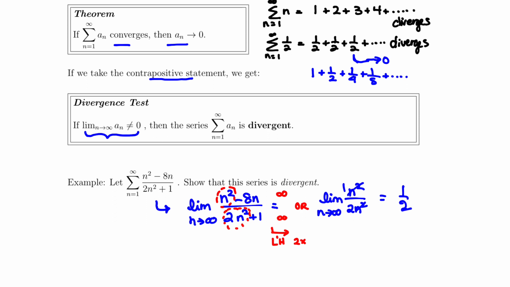That means the numbers you're adding are heading to 1/2. You're heading towards adding 1/2 each time. That's not 0, so that tells me this series diverges because those terms are not heading to 0. If the terms don't head to 0, the series diverges. That's how simple the divergence test is. Done.